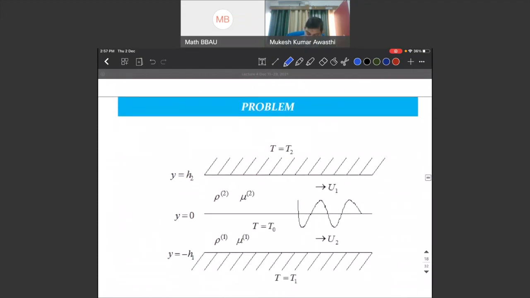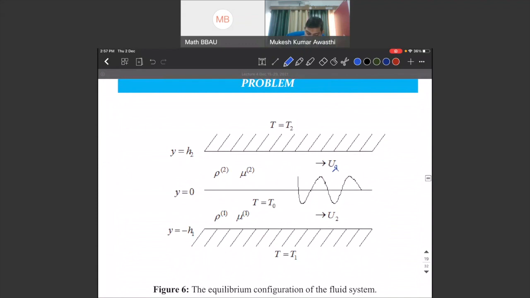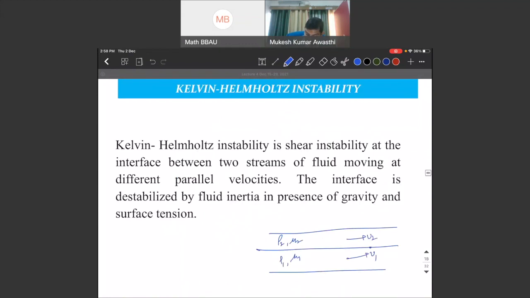So what we'll do, we have taken this problem, this is u2, this is u1. In this case the upper fluid has density rho2, viscosity mu2, temperature T2. Same case we have taken, this is x, this is y, but here we should know that q2 initially has u2 I cap in x direction, and q1 has u1 I cap.